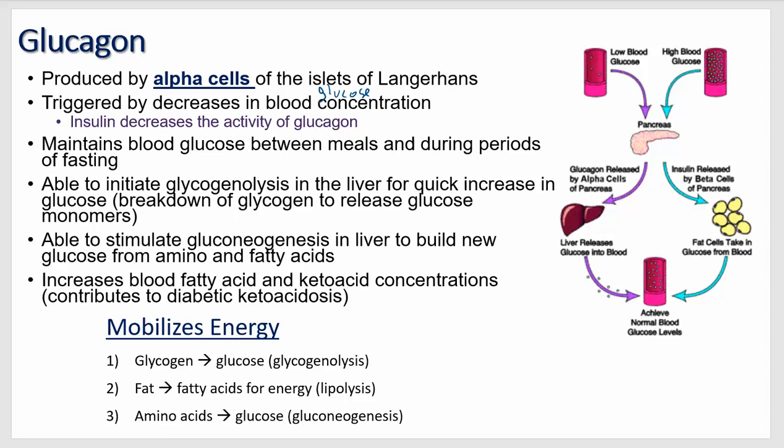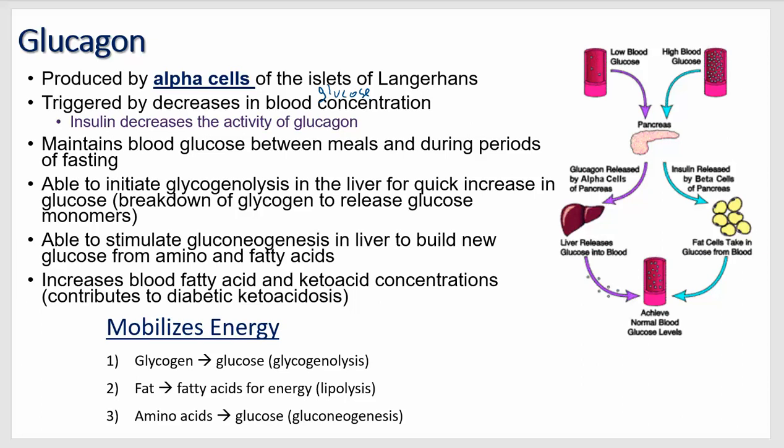Now it's saying blood glucose levels are too low, we need to increase those. Insulin actually decreases the activity of glucagon because when insulin's present, it's saying we're storing energy. When glucagon is present, we're saying, hey, we're releasing the energy. We're mobilizing that energy. We're going to help increase the availability of glucose. So it maintains blood glucose between meals and during periods of fasting.